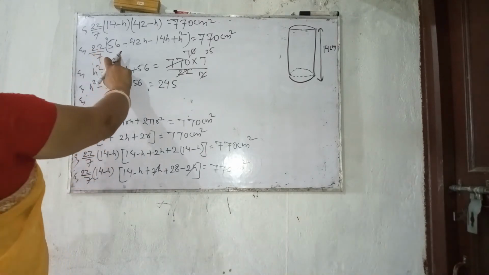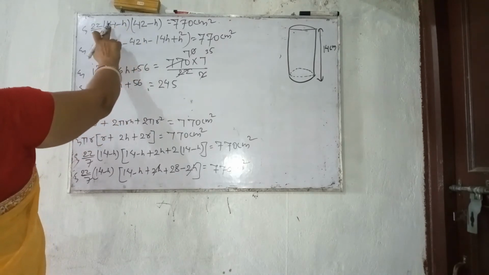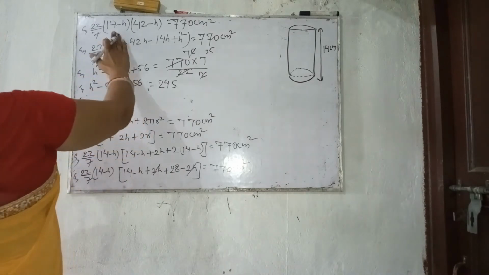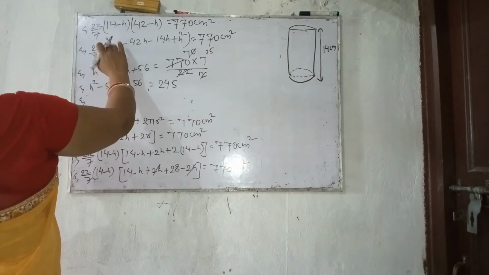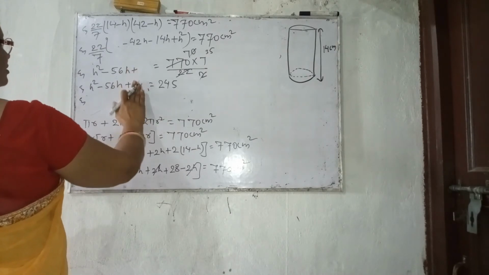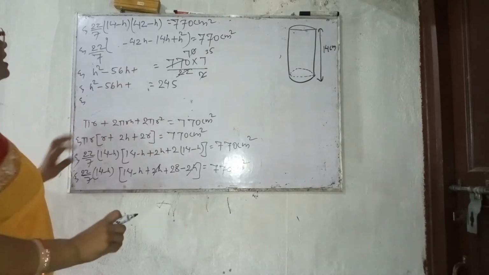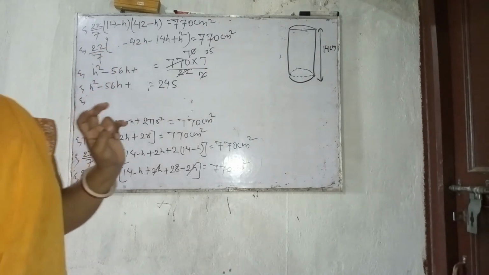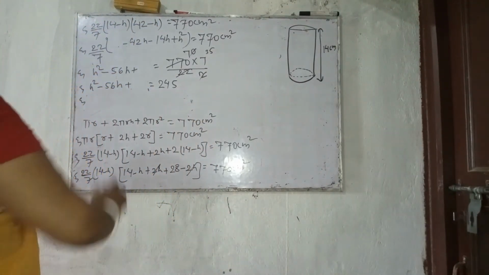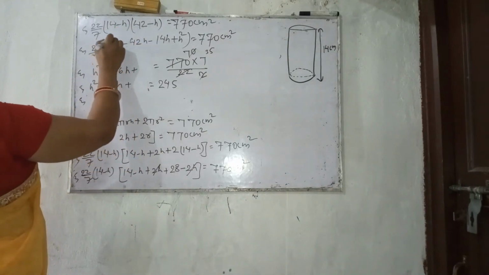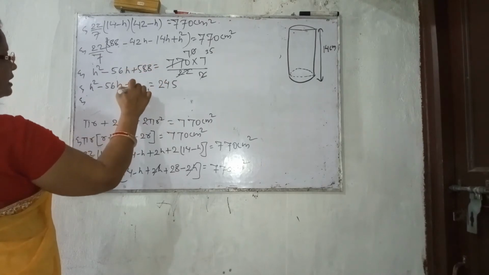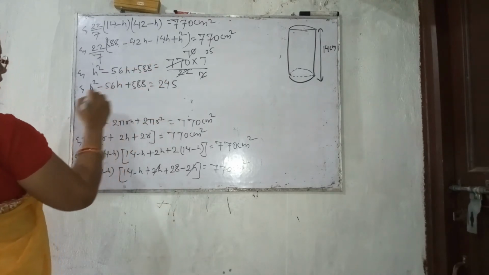No, here I have made a mistake. We have to multiply 14 by 42. I added here. It should not be 56. We have to multiply these all. After multiplying, we will get altogether 588. Here also we have to write 588.